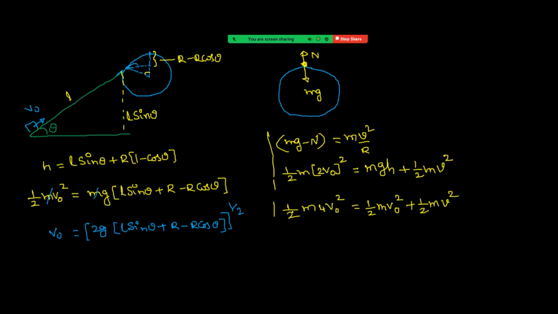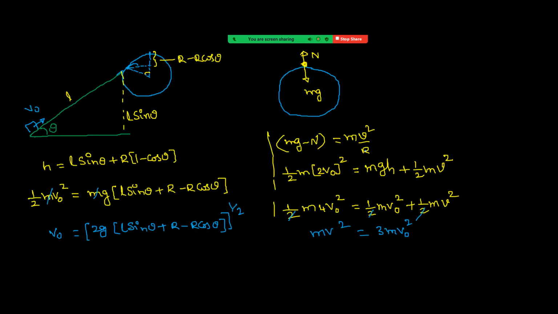Now simplify this. The 2 cancels. We want mv square, that's why I'm not cancelling m here. This is 4mv naught square, this is mv naught square. The remaining is mv square equals 3mv naught square.